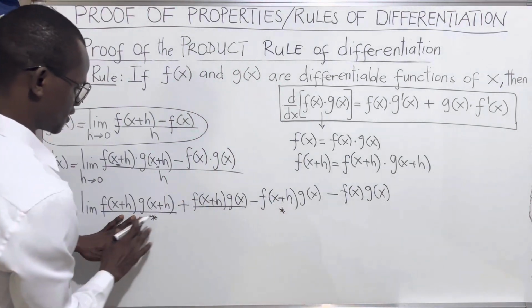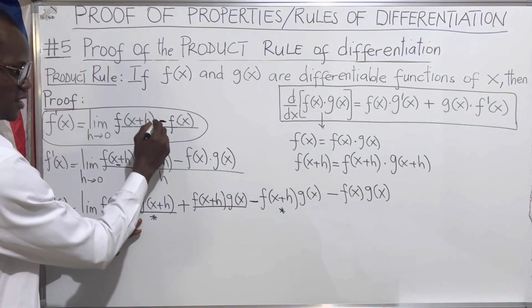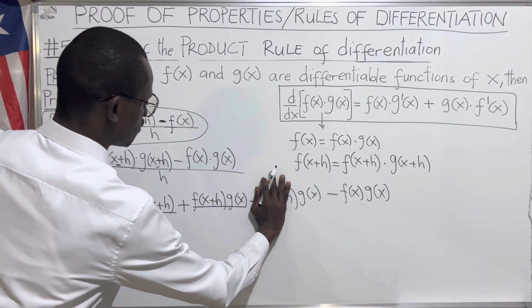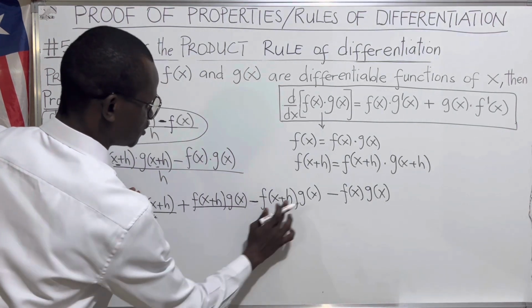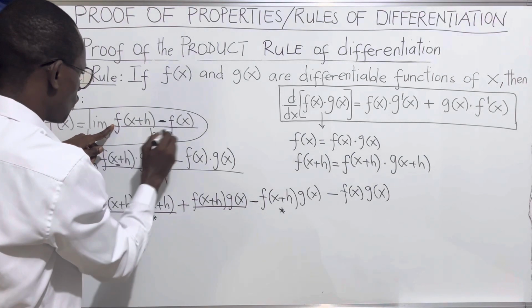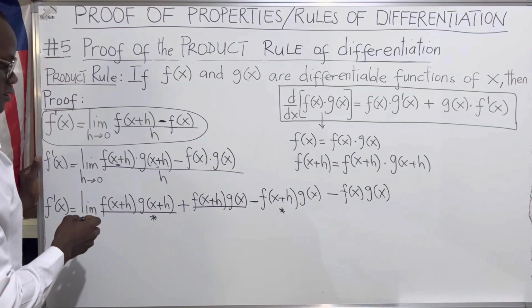Because the formula here has a negative in it, there will be a negative. So if I factor out f of x now, I'll be left with g of x plus h minus g of x. So g of x plus h minus g of x all over h, as h approaches 0, will just be equal to g prime of x.